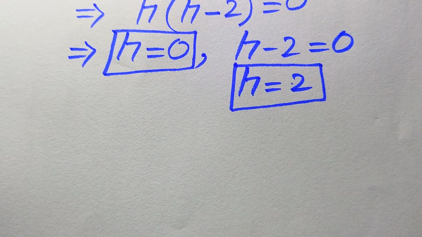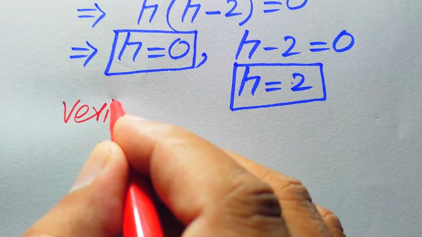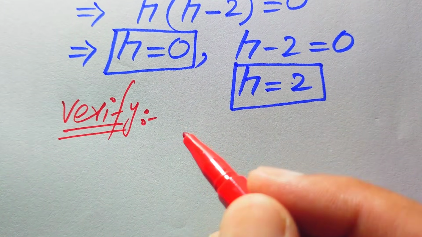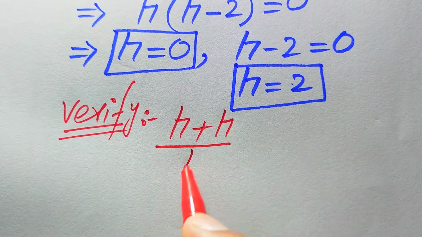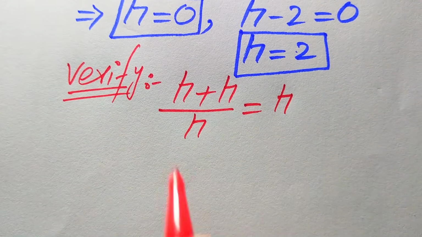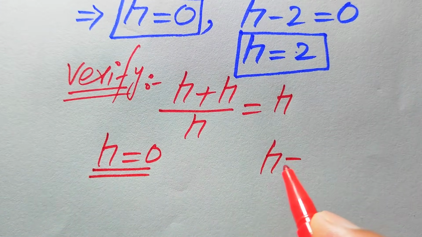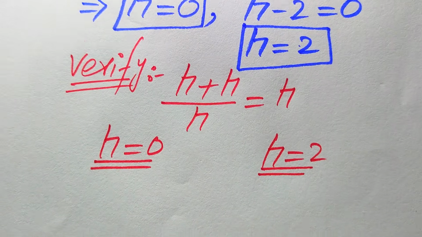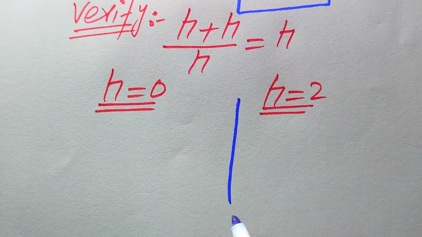So in the first method we get these two roots of the given equation, and now we need to verify whether these roots are solutions or extraneous roots. For verification, we copy down the given question statement: h plus h divided by h is equals to h. We verify h is equals to 0 and h is equals to 2 by substituting them on both sides of the given equation.